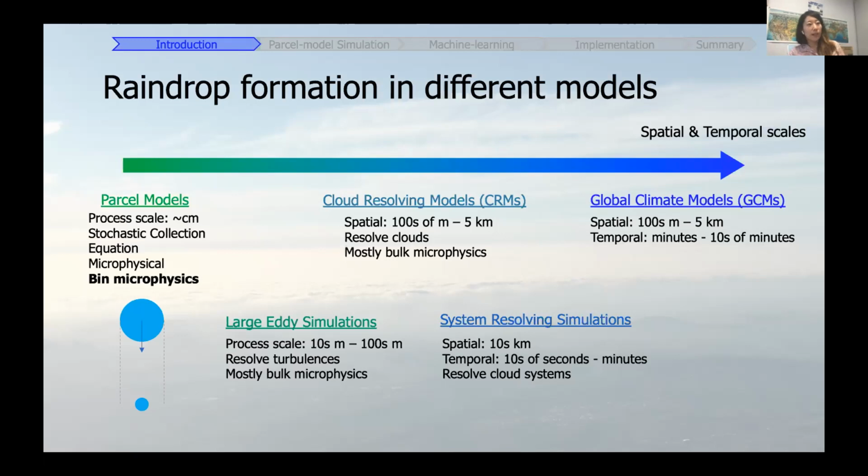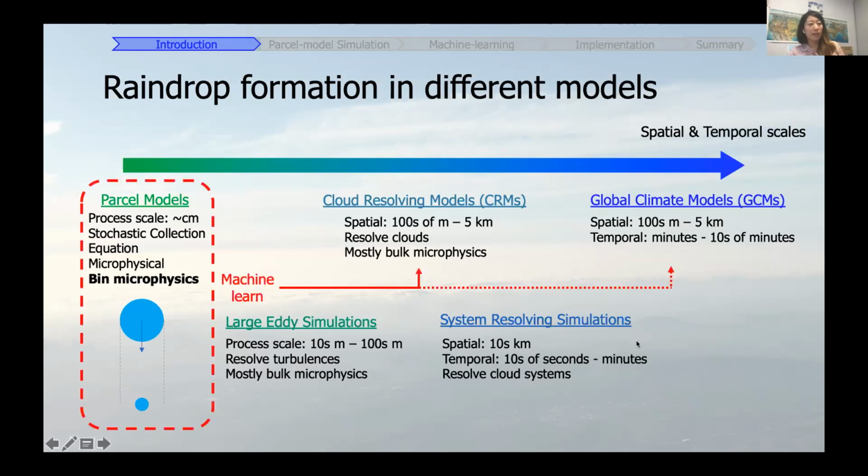So if you go to the next slide, I'm going to be talking about what I did in my study. We cannot afford this bin microphysical calculation in CRMs or GCMs, but if we run a number of Parcel model simulations with bin microphysics and then train a machine so that the machine can learn the raindrop formation rate as a function of surrounding conditions such as temperature, humidity, etc., then we can use this trained machine in CRMs and GCMs.